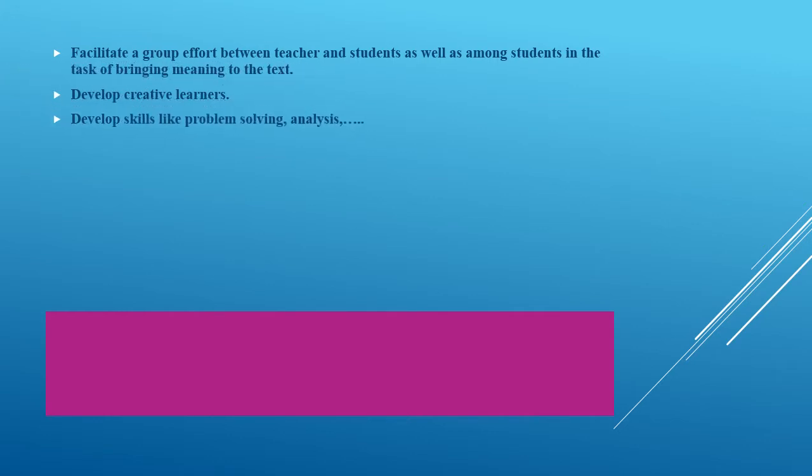What else? Develop skills like problem solving, analysis. Here, as I mentioned before, there are some skills that can be developed through using reciprocal teaching, like problem solving, like analysis, like critical thinking.